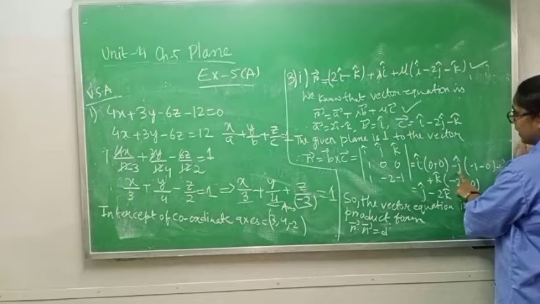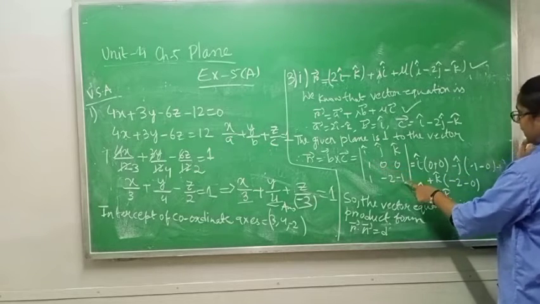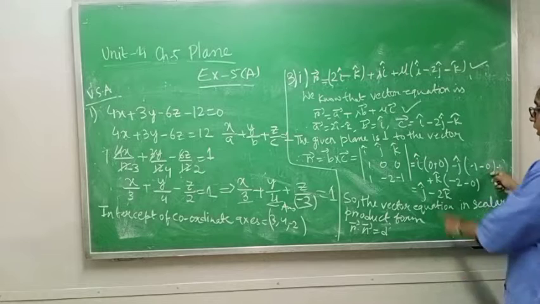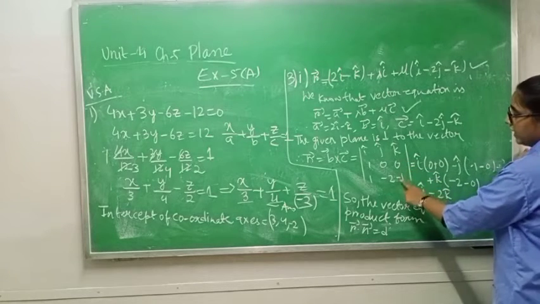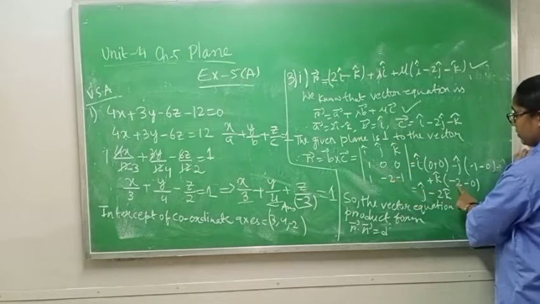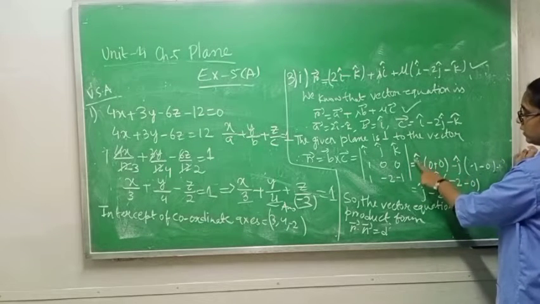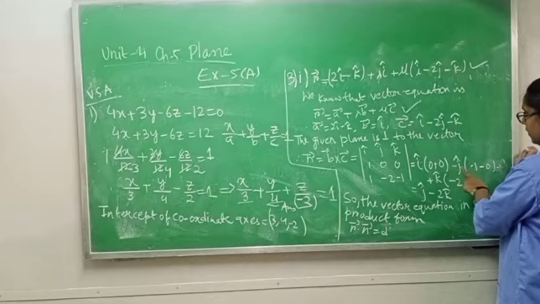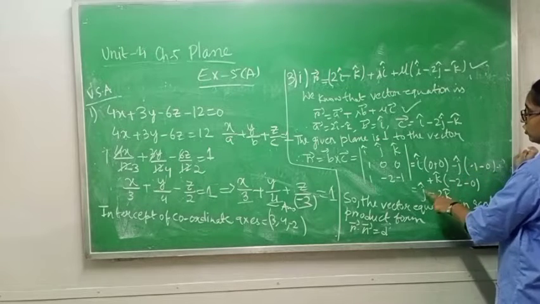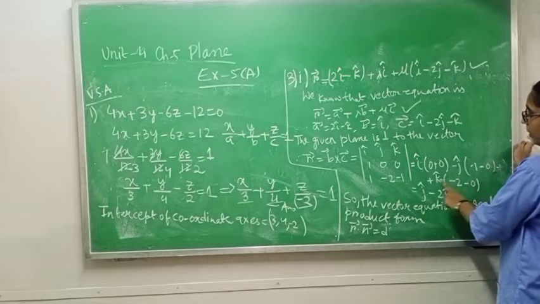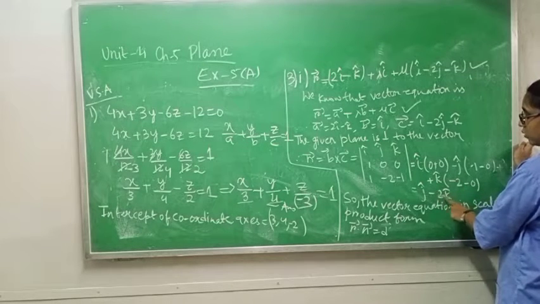For j cap you write minus j, then 1 into minus 1 minus 1 into 0. Now plus k cap: 1 into minus 2 minus 1 into 0. So the i part becomes 0, and it gives plus j cap, and minus 2 k cap.